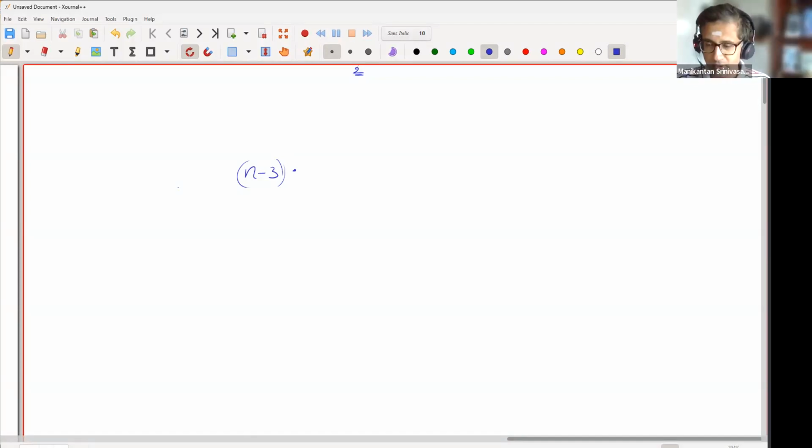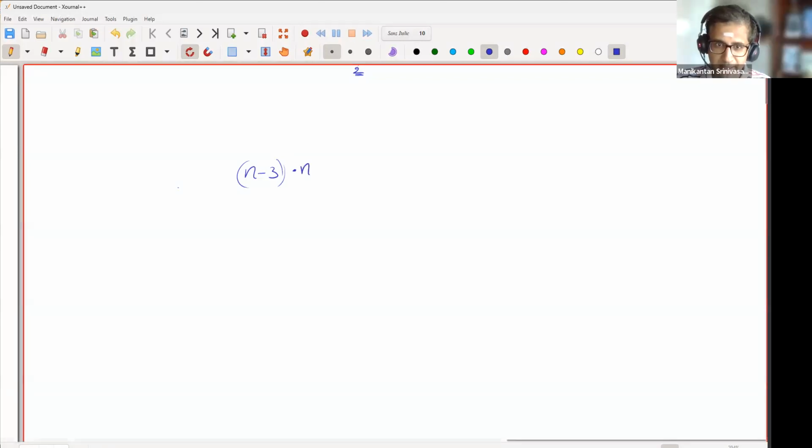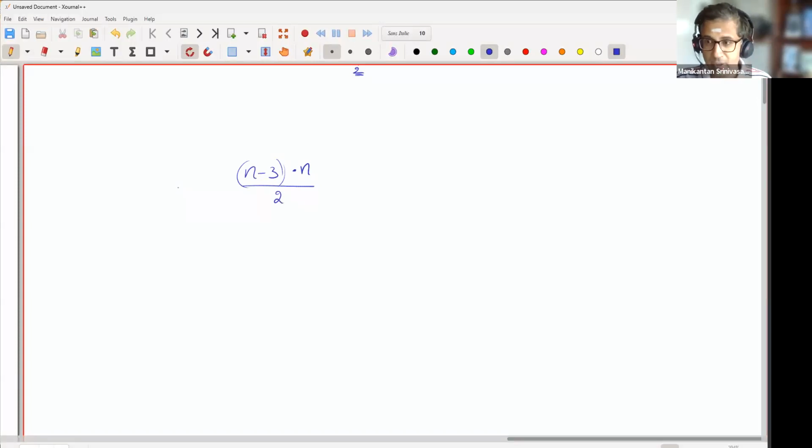Very good. Therefore, the formula becomes n into n minus 3 by 2. Exactly, that was a mistake you said, but you derived it correctly. Even though you forgot the formula, I'm very happy that you're able to derive it.